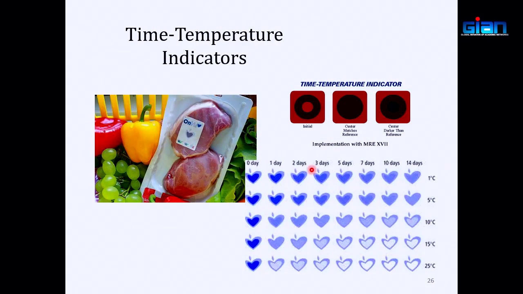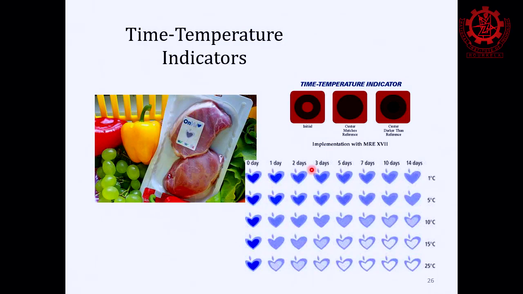If the product has a shelf life of, let's say, 21 days at refrigeration temperature, we want to design a chemistry of that compound such that initially it is, let's say, dark blue, and then within 21 days at refrigeration temperature, it will turn from dark blue to no color there, or very, very light blue, right?